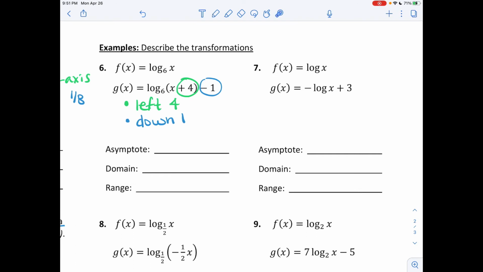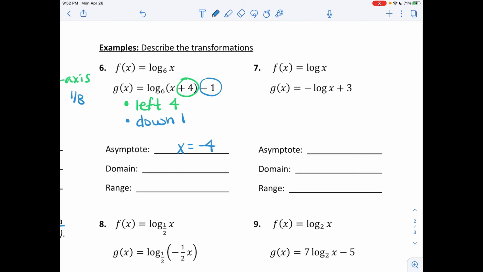And I see that I have moved my function left by 4. So that is a -4. We have gone to a -4 from an origin point of 0. So my asymptote is that x is equal to -4.